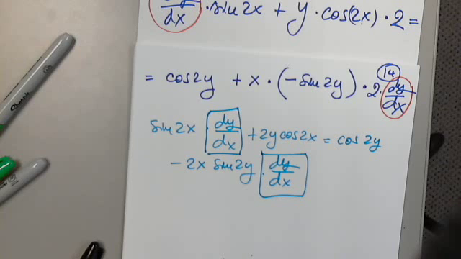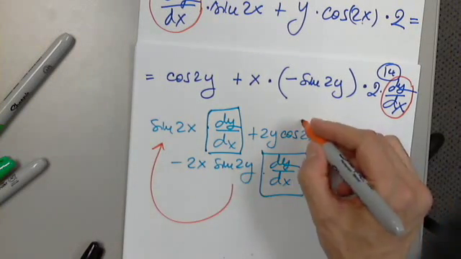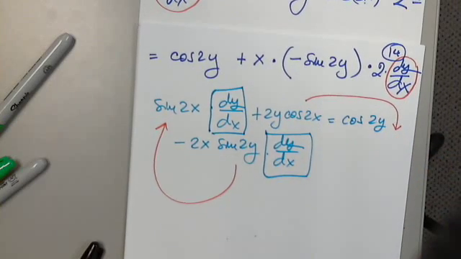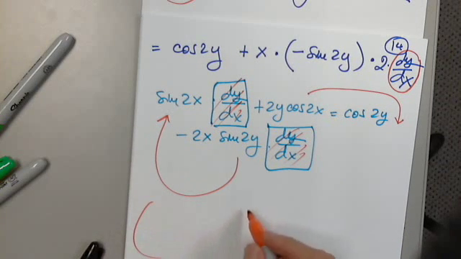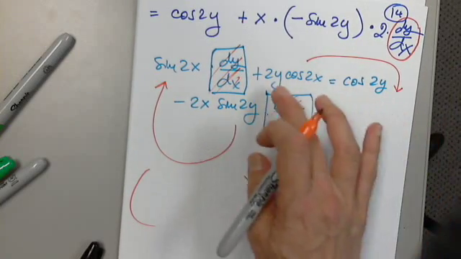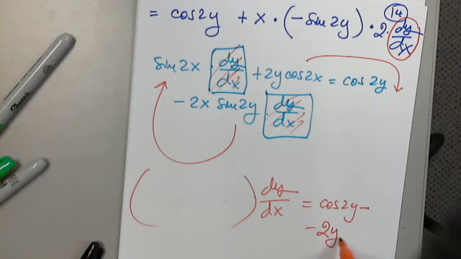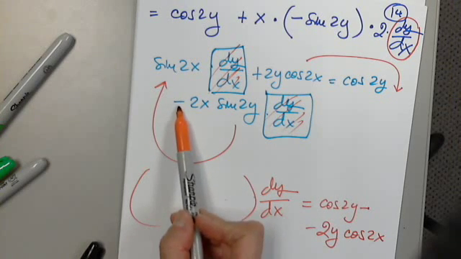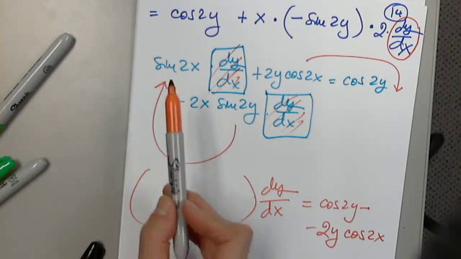Suggestions, please. Yes. So this term will be moved to the other side, and this one will be moved here. And I will factor out this. Cosine 2y minus 2y cosine 2x. Now let's decide what we have in parentheses. Remember, this was negative, and I moved it to the left-hand side. So can anyone dictate the parentheses?